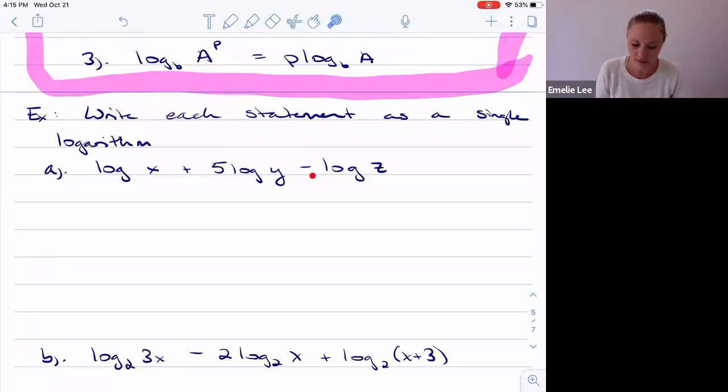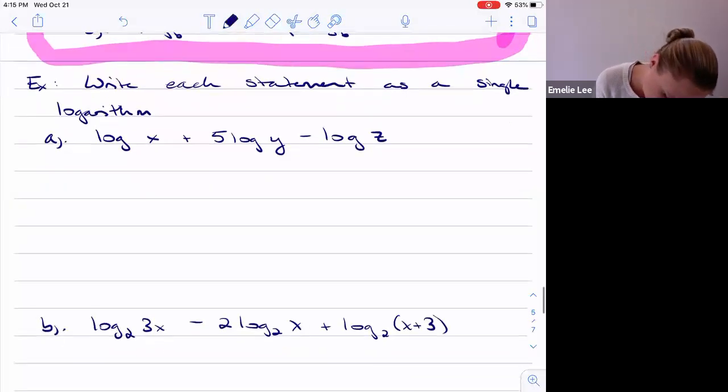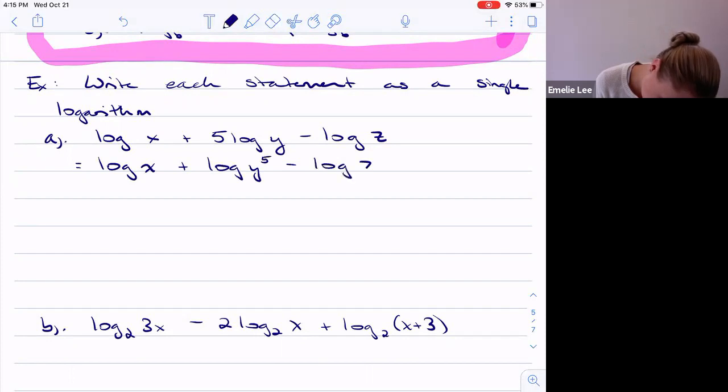So I'm adding and subtracting log base 10s. First thing I can do is bring this 5 to the power of y, just to clean up what this looks like. So this is the same as the log of x plus the log of y to the power of 5 minus the log of z.